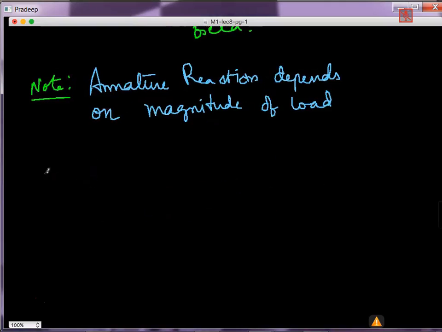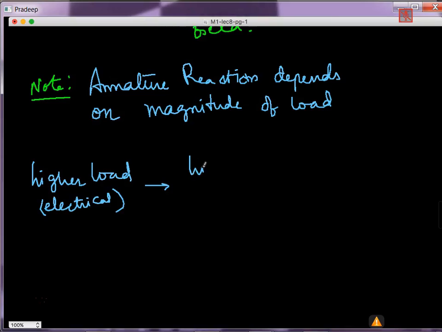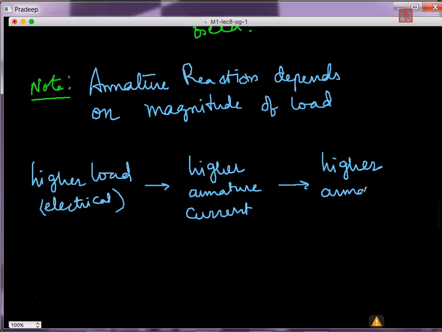So higher load, this is basically electrical. Higher armature current results in a higher armature field.